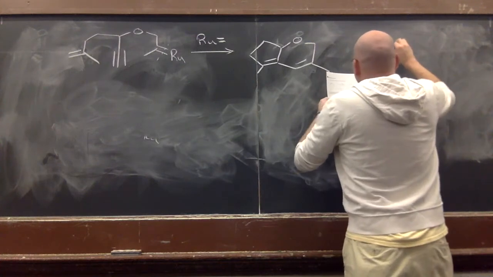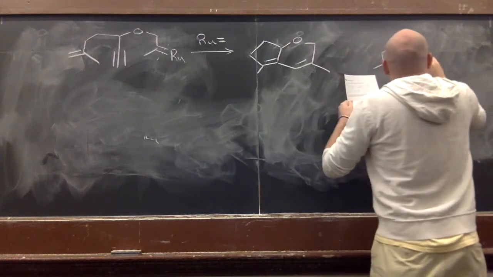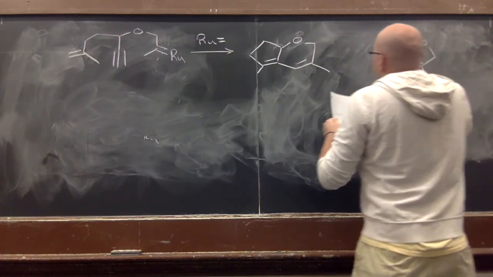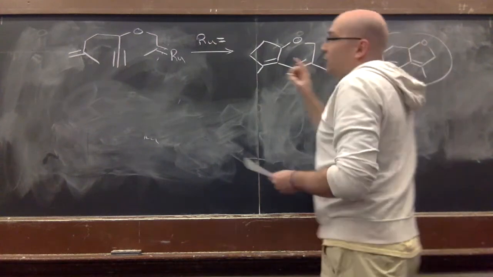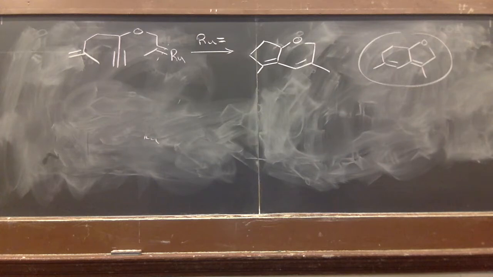And as we'll see, it's going to be a very different looking product. So if we do the relay on the other side, we're going to get to this ruthenium alkylidene. And now let's go through the enyne metathesis, followed by ring closing metathesis, and convince ourselves of that, okay?